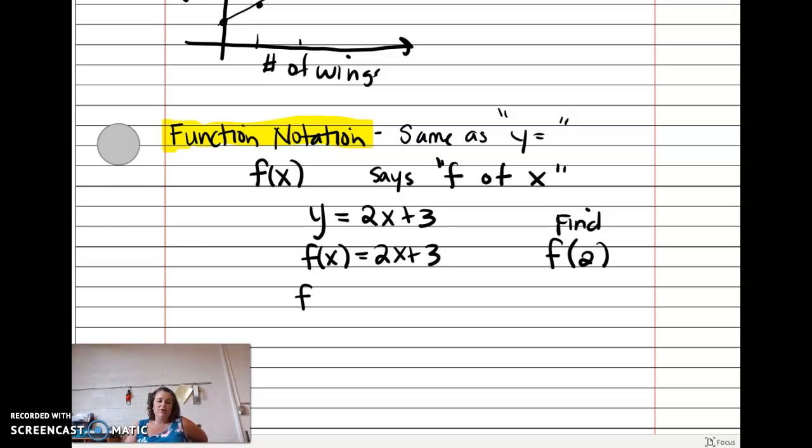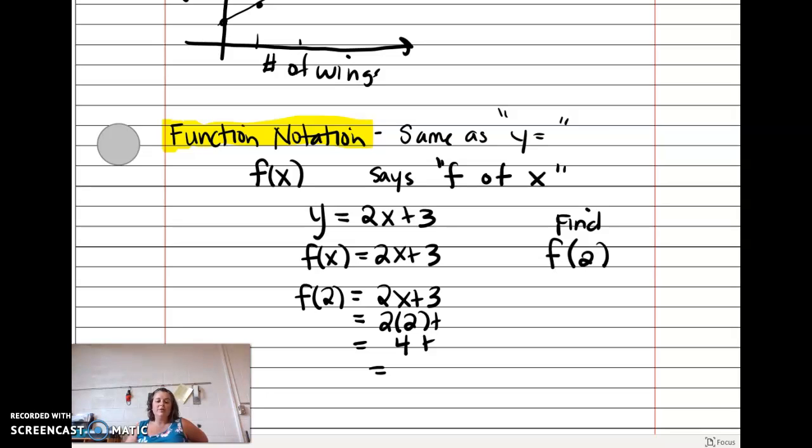So to do that, we would just put in f of 2 equals 2x plus 3. And since x is 2, we're just going to evaluate that when x is 2. So we have 2 times 2, which is 4, plus 2, which gives me, oops, I'm sorry. Should be a 3, right? Change that.